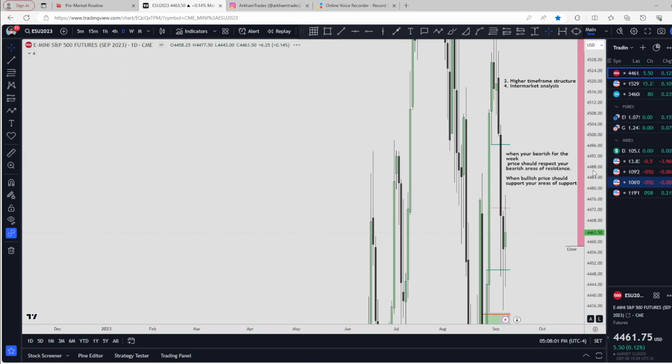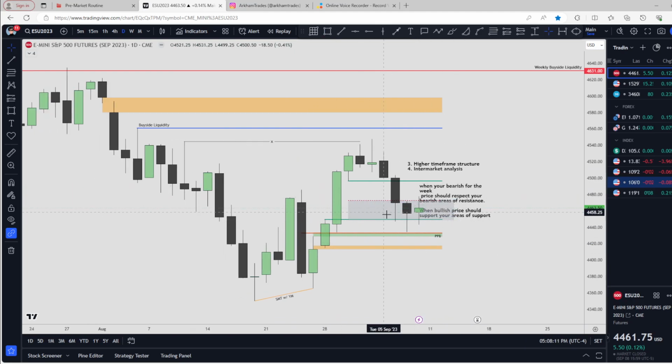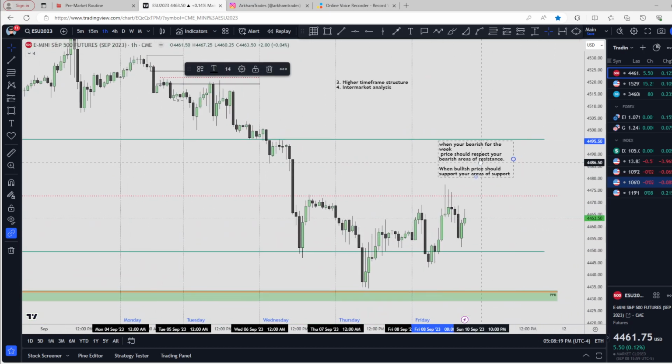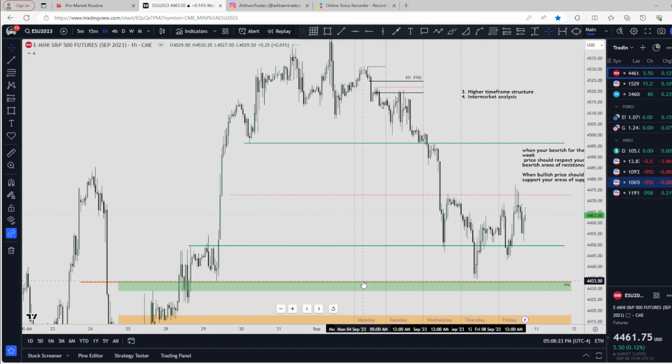So our draw on liquidity for the week was this bearish fair value gap 50% and lower. This is where we want to see price come down into, and we did. We came down into it. So since we reached our draw on liquidity for the week, I'm not looking for shorts anymore.